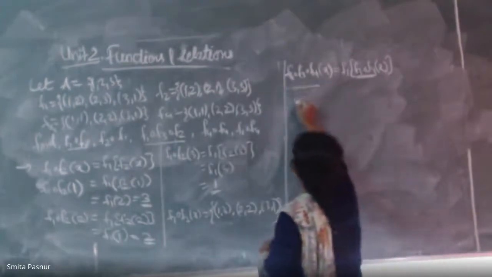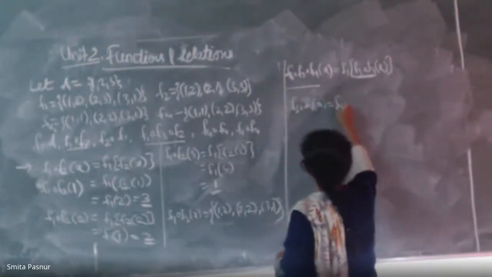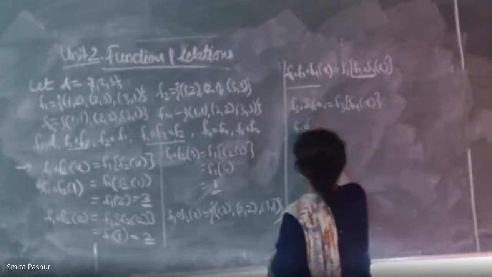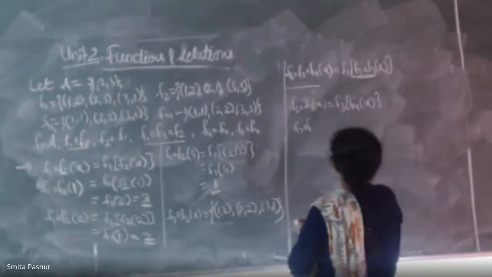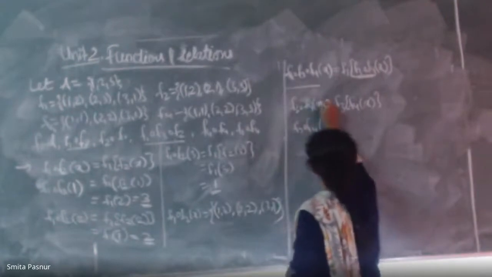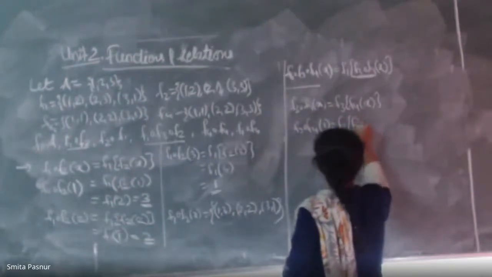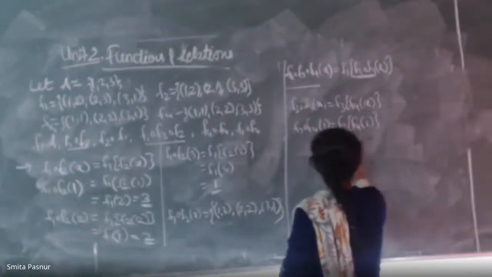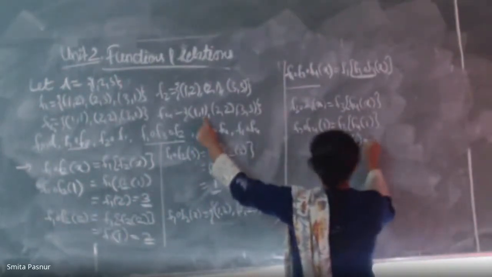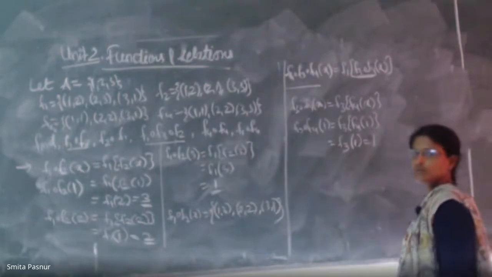So first I will find out what is F3 composition F2 of X. So that is F3 composition with F2 of 1, which is F3 of F2 of 1.